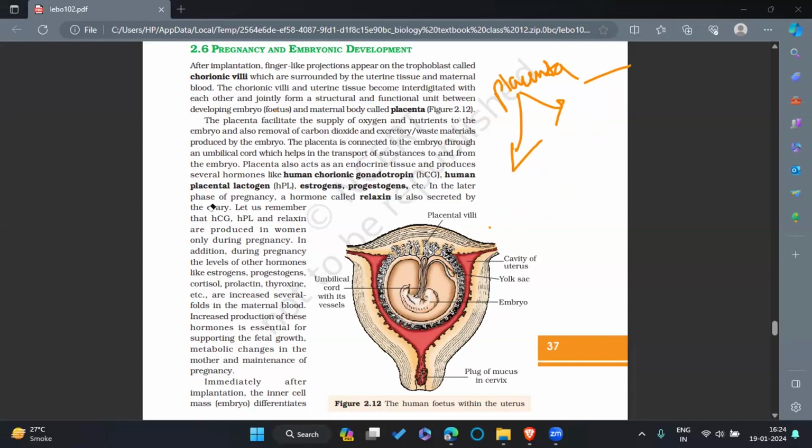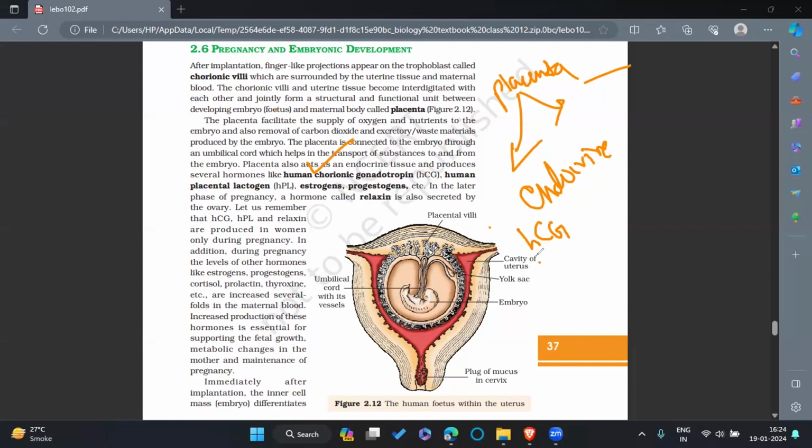Apart from transferring nutrients and oxygen, the placenta also acts as an endocrine organ and releases certain hormones. One very important hormone is called hCG: h is for human, written in small letter, and CG is for chorionic gonadotropin hormone. And one more very important hormone is HPL.